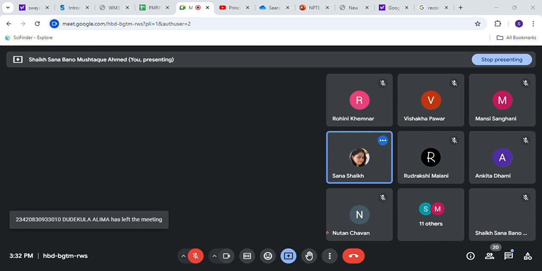What happened in this reaction? This nucleophile attacks this carbon and simultaneously this Br will knock out. So this is the reaction which occurs in a concerted manner. I will show it here.